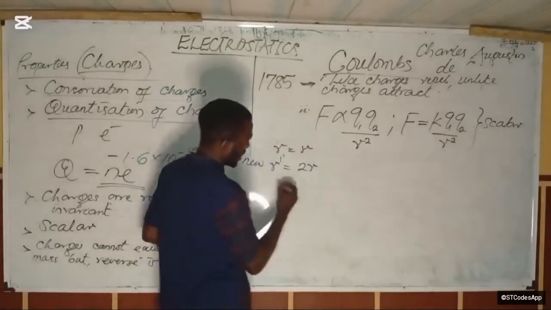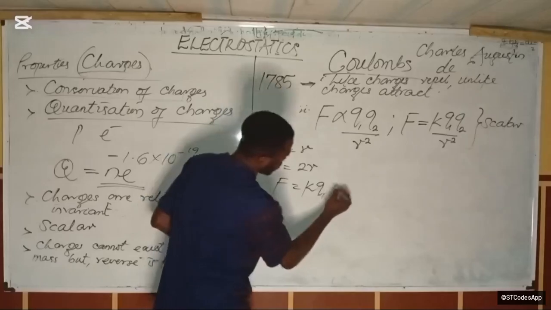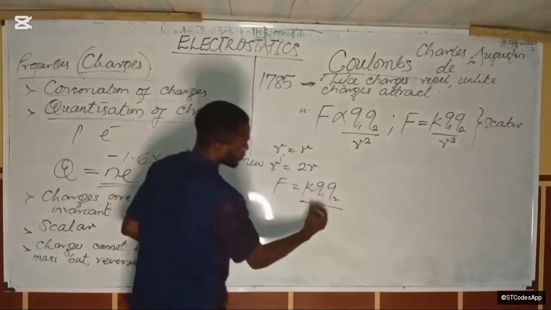Okay, so initially F was KQ1Q2 over R squared.